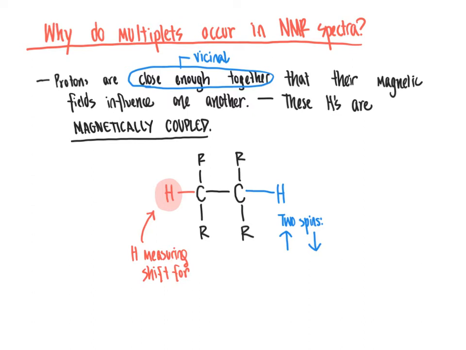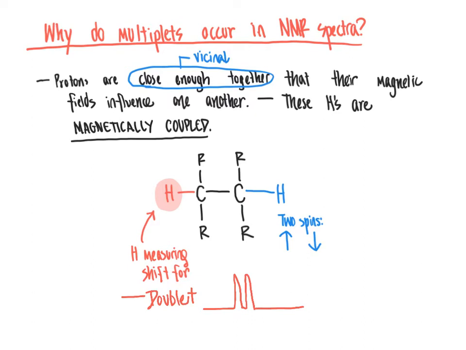And so therefore the red proton would show up as a doublet rather than showing up as a single unsplit signal. Instead, it's going to show up as two closely spaced signals.